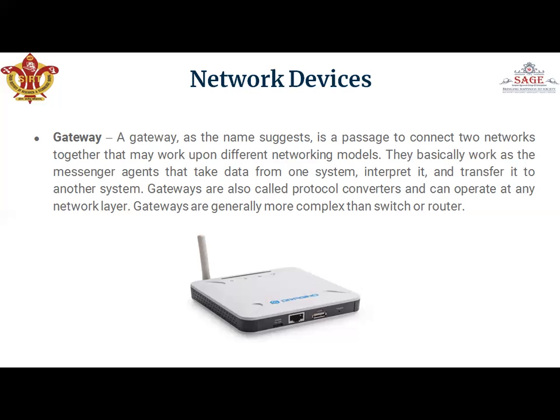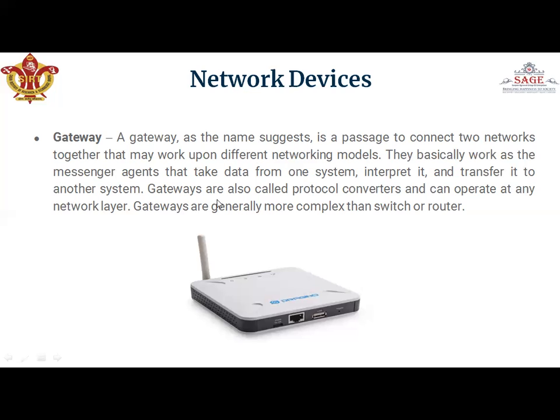This is the function of the gateway. Basically, a router decides the feasible path to deliver the data packet from source to destination, and a gateway works as a messenger agent. They take the data, interpret it, and transfer it to another system, because they are working on different networking models.